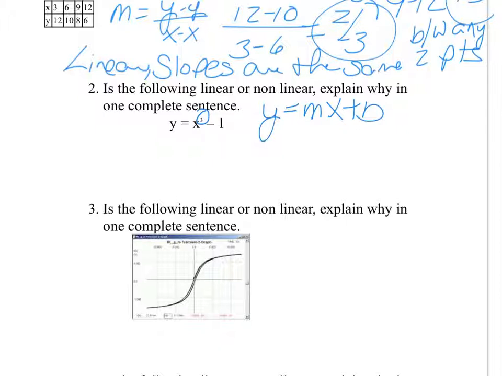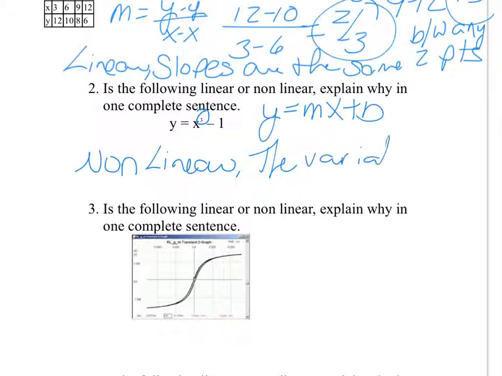Your variable cannot have exponents. So because that variable has an exponent, I'm fairly certain that this is going to be nonlinear if I were to actually graph it. Why is it nonlinear? Again, complete sentence. The variable cannot have an exponent.